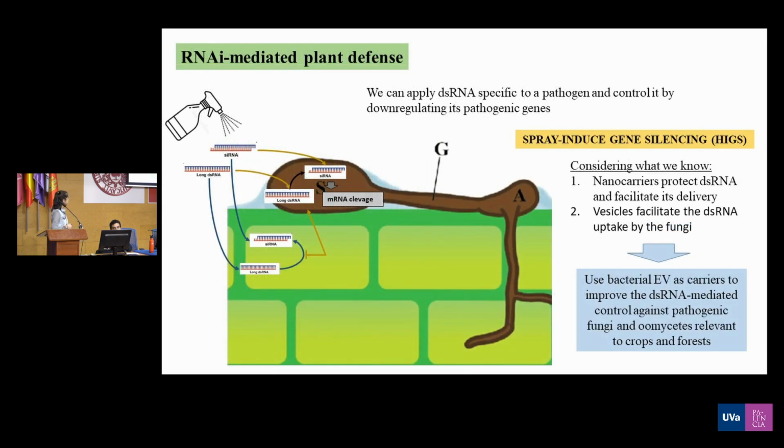So, considering all of this, what we know so far is that nanocarriers protect double-stranded RNA and facilitate its delivery, and also that vesicles facilitate double-stranded RNA uptake by the fungi. So it looks like a good idea to use extracellular vesicles, in particular bacterial vesicles, for double-stranded RNA-mediated control against fungi and oomycetes.